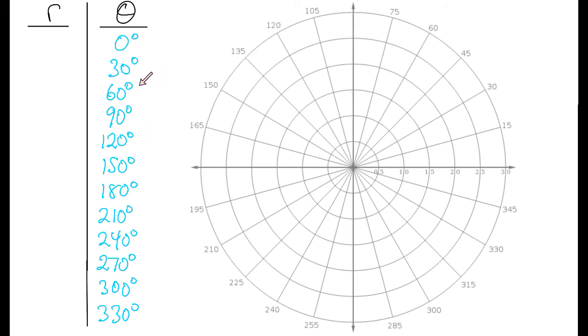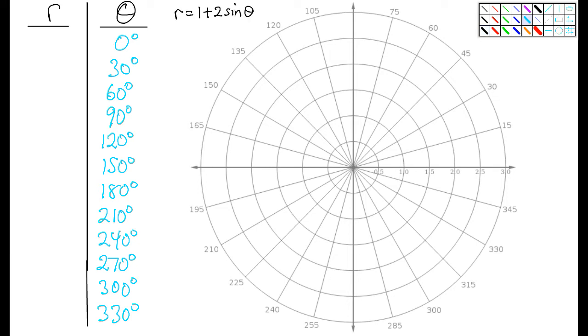So let's start doing it. Okay, so I'll write the equation again here because I kind of lost it off the top of the screen. Remember that we're graphing r is equal to 1 plus 2 sine of theta. Okay, let's just plug in points.